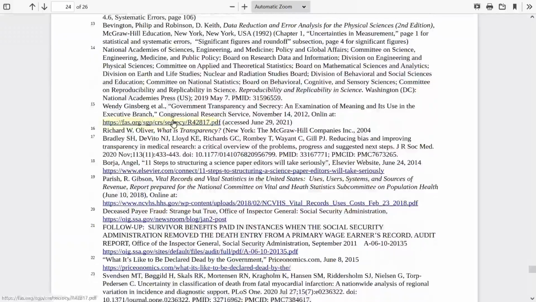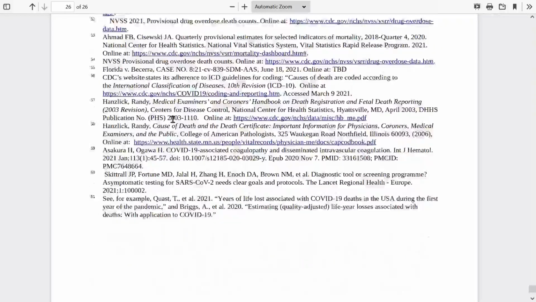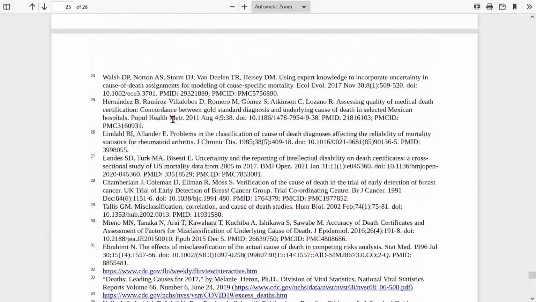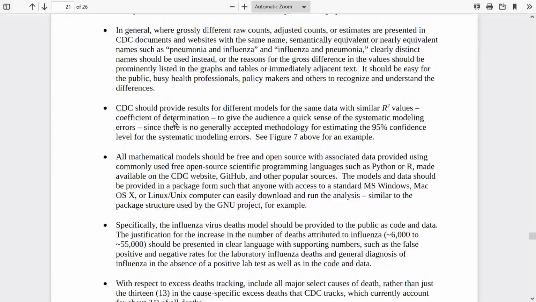And then there's a large number of references to back up what we're saying here. There's a lot of technical issues in trying to understand these numbers. And it's not at all surprising that people who are directed to the CDC by Google, by the government, are told, oh, don't listen to these other people, go listen to the authorities.